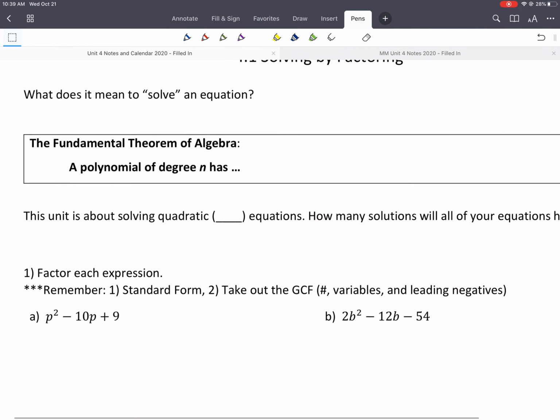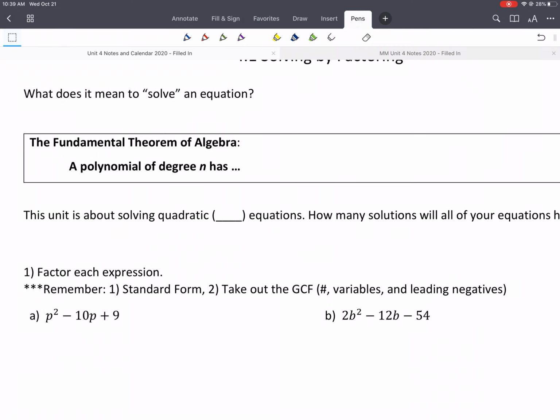One thing we need to talk about is the fundamental theorem of algebra. The fundamental theorem of algebra means that a polynomial of degree n, it could be any number, has n solutions.